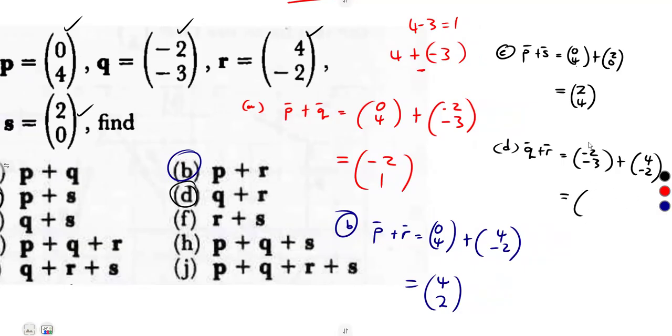So add -2 plus 4. What are you going to have? -2 plus 4 is simply 4 minus 2, which is 2. Then -3 plus -2. A plus and a minus gives us a minus, so it's -3 minus 2.